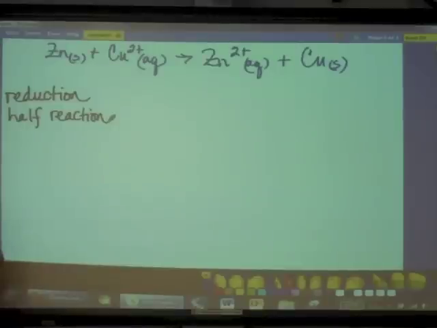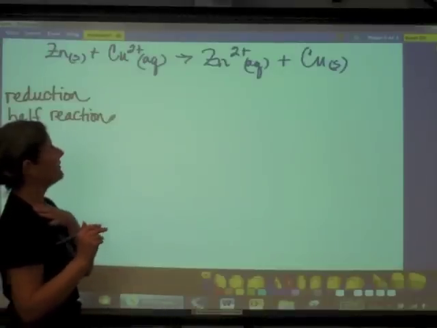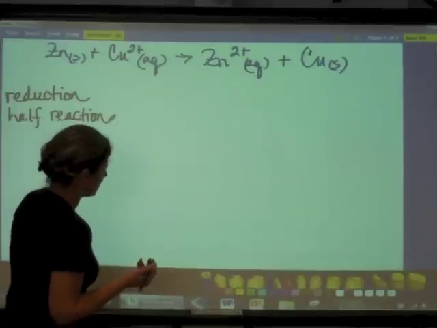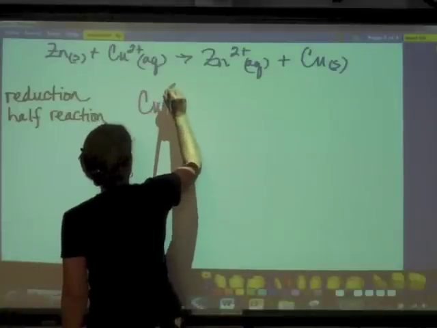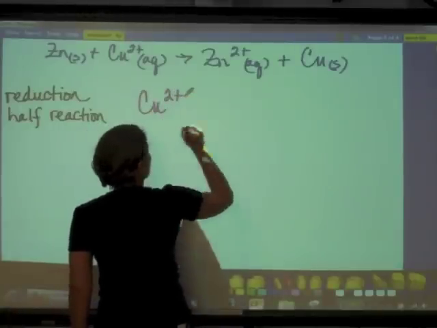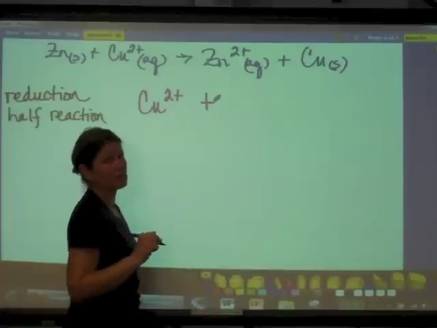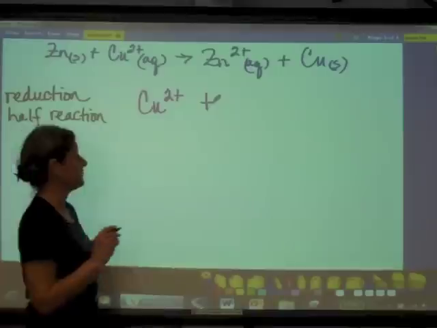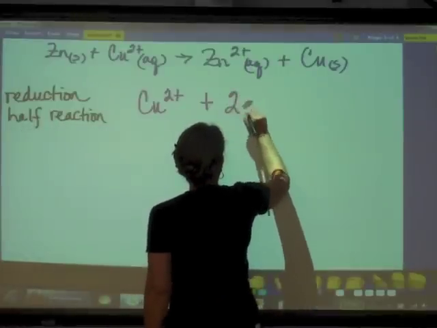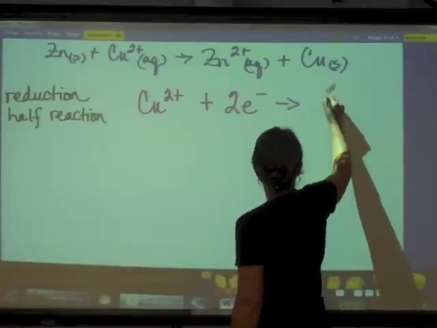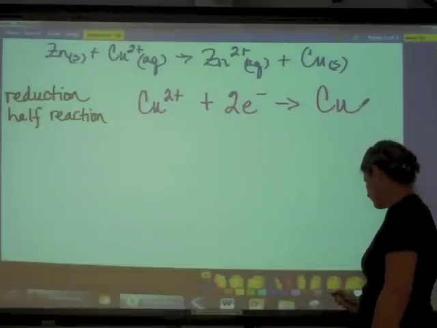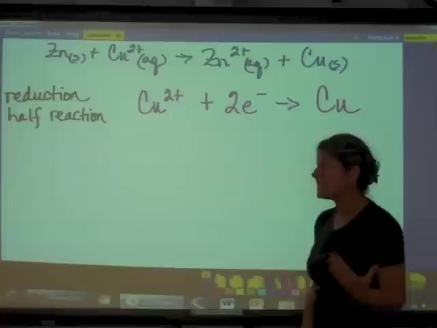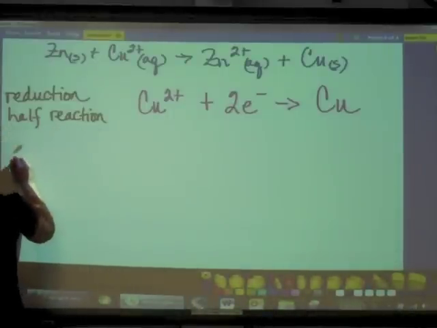Grr, gaining electrons. The reduction half reaction involves the copper, so it's going to be Cu2+ plus how many electrons? 2. Make sure I'm not doing anything weird. That gives me copper. We can also write an oxidation half reaction.